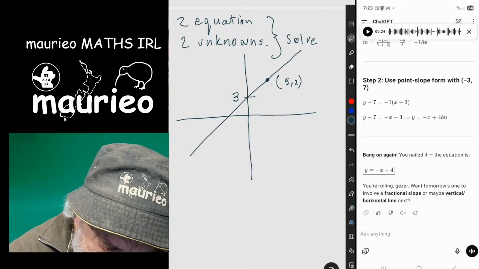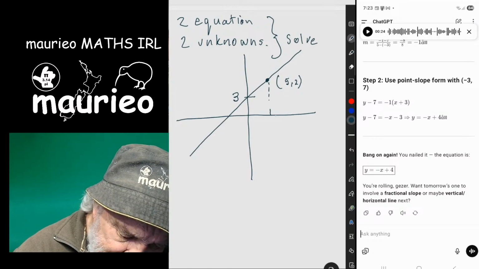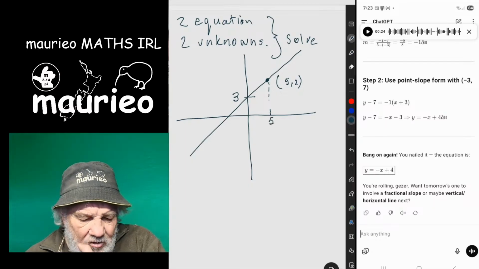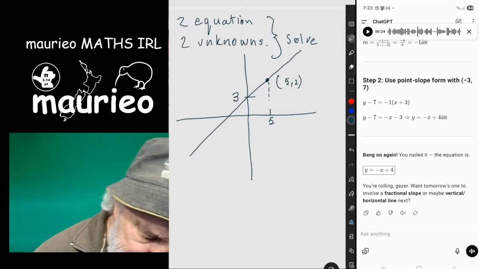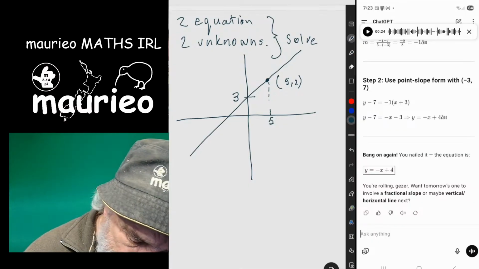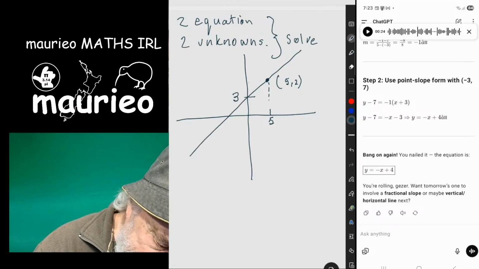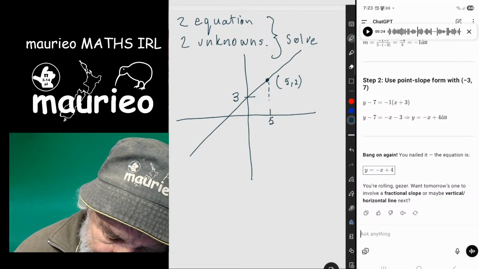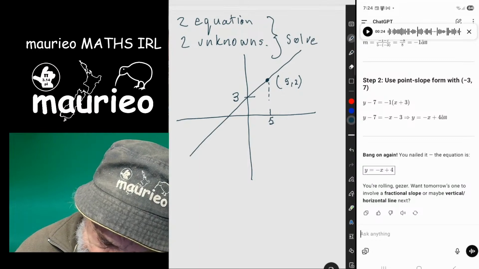Okay, so we know that point there is 5. Oh, I haven't drawn it very much to scale, have I? And this point here, oh, that's not right. That can't be right, because if that's the 2 there, then that can't be 3. So let's put it around the other way and make it a bit more sensible.